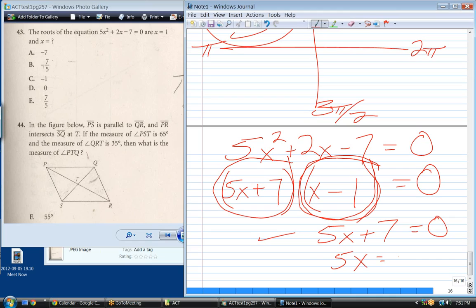Be 1.4. Don't do it on your calculator, because notice that the answers aren't the kind of answers you get from the calculator. Let's solve this manually.